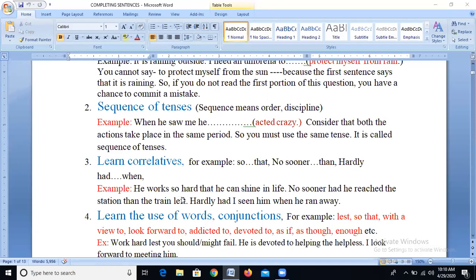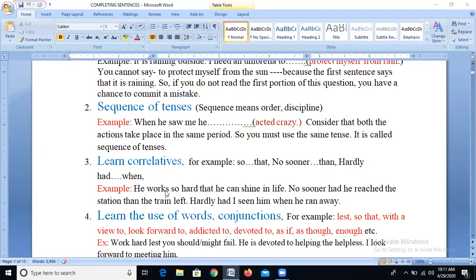So usually goes with that. So he works so hard that he can shine in light. And just look at the tenses in both the clauses. In the first clause, he worked so hard. This is in present indefinite tense. So you must not use a past tense in the next clause.